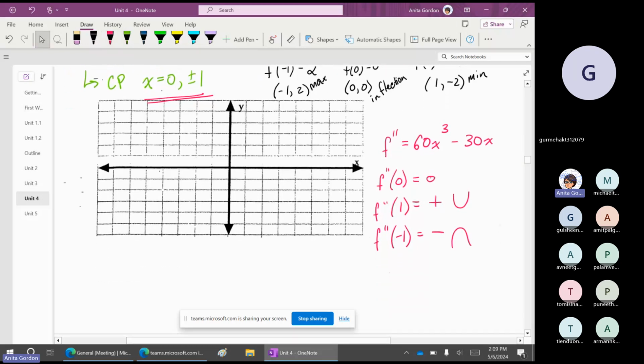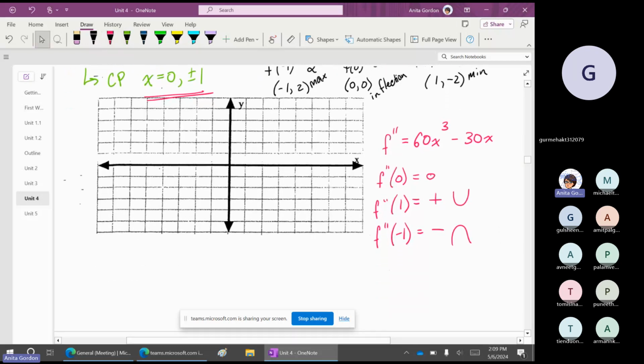And where this is 0, we are going to have a change in direction. F double prime is 0 when x is 0. And where else? Let's see, if I pull this out, I get 30x.